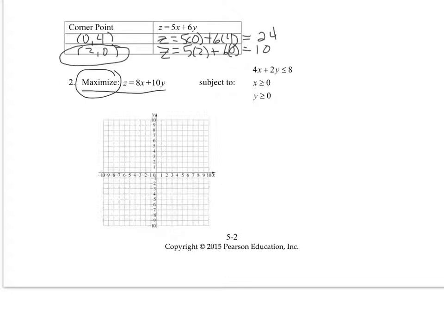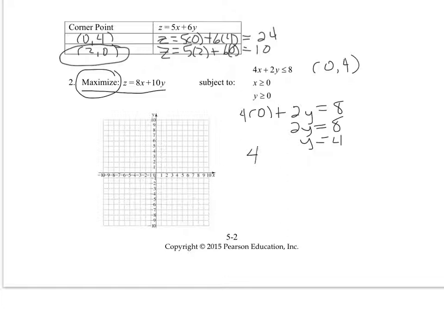If I use intercepts on this one, 4 times 0 plus 2y equals 8. So if 2y equals 8, I get y equals 4. So that means I have 0, 4 is one point on this graph. That's my y-intercept.